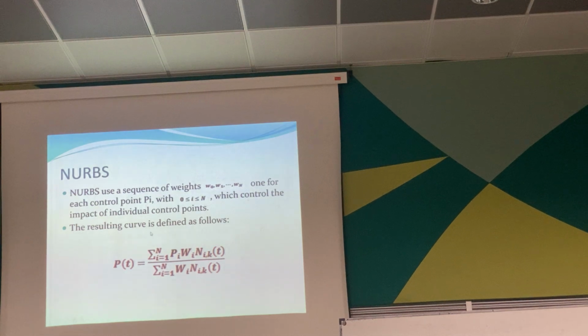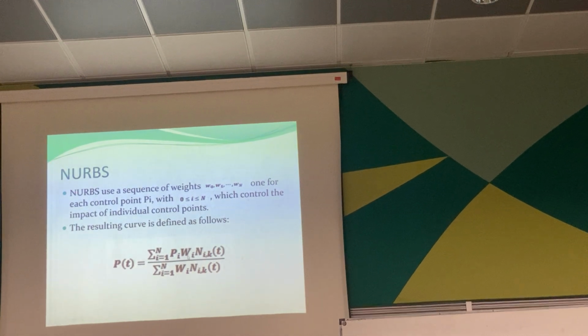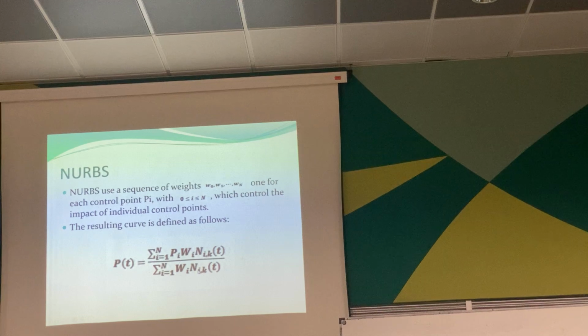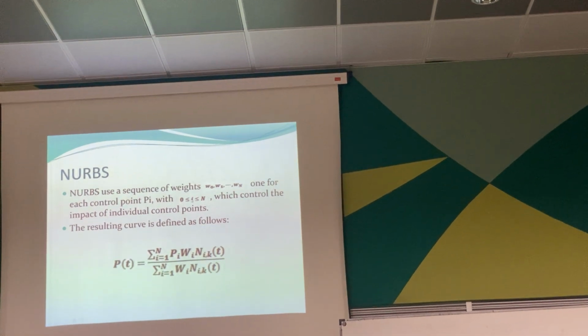NURBS will use a sequence of weights to control. So when you move the point, we don't move the point at time t, we actually just change the value of the weight. The rest of the thing will still be the same. Your curve will be still the same, only moved using your weights, your W, from 0 to n, to control each individual control point Pi, where i is from 0 to n.